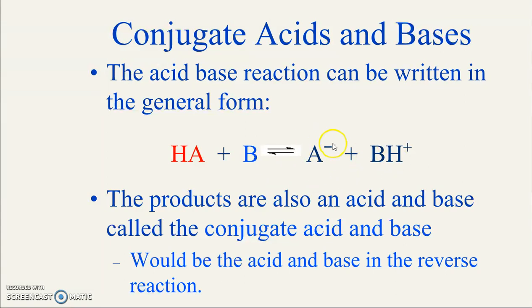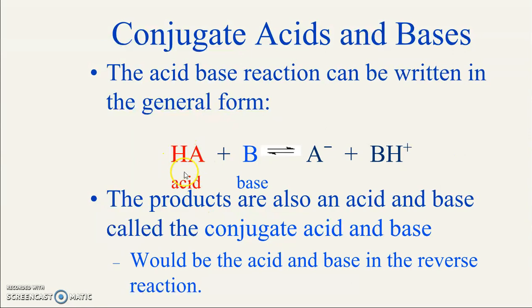And that's what we call the conjugate acid and conjugate base. We call them acid and base on the reactant side, and conjugate acid and conjugate base on the product side, because in the reverse reaction, this would be the acid and base, and this would be what they would form. So let's do some analysis.